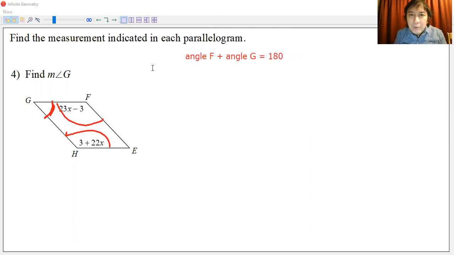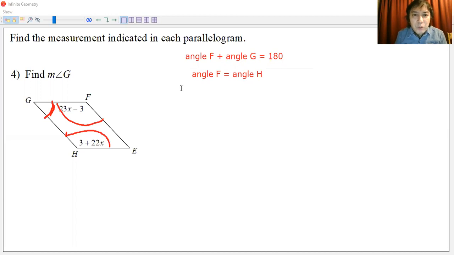So if you can solve for F, then angle F becomes a number, and the only unknown is angle G. So the first thing we can do is equate angle F and angle H. So that means we have angle F equal to angle H. And so we solve first for x, and we will have our working equation.